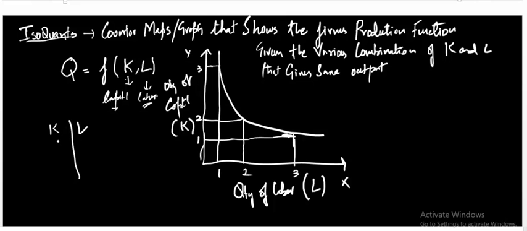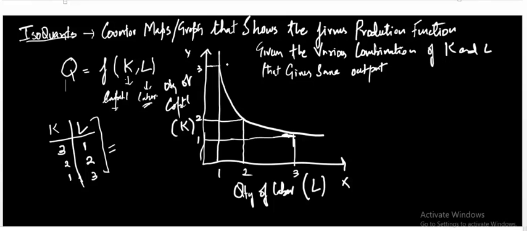In the second case I'm combining 2 units of labor and 2 units of capital. In another case I'm combining 3 units of labor and 1 unit of capital. All of these combinations give me the same level of output.